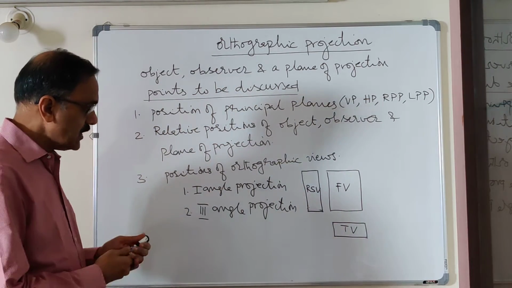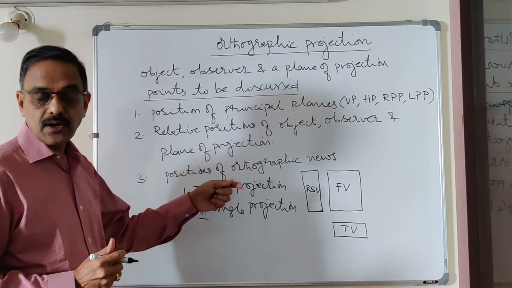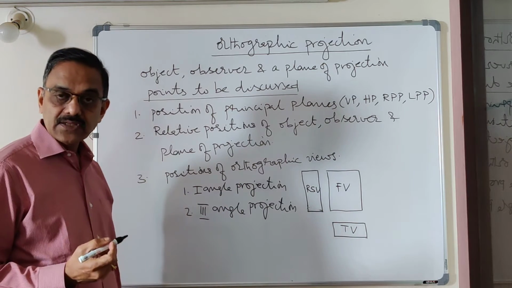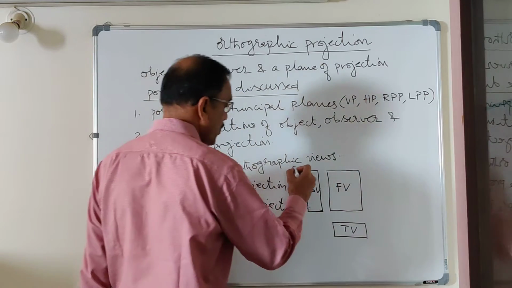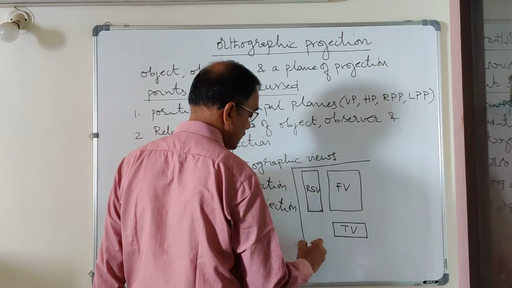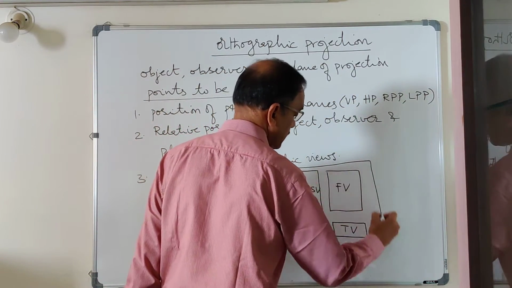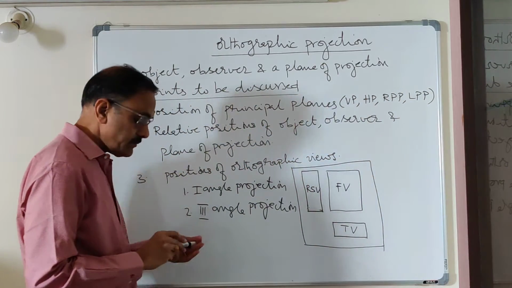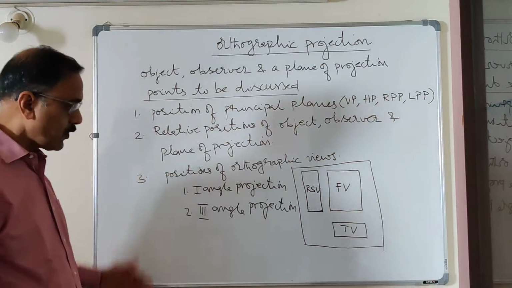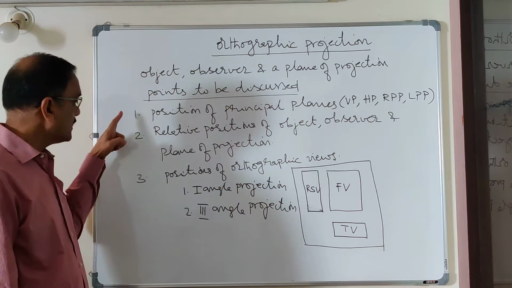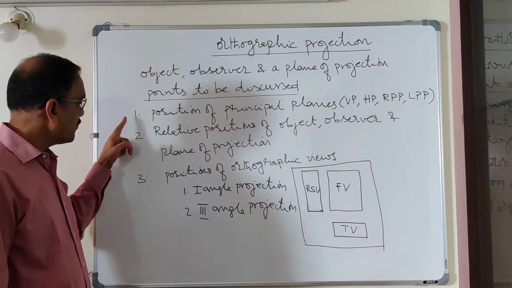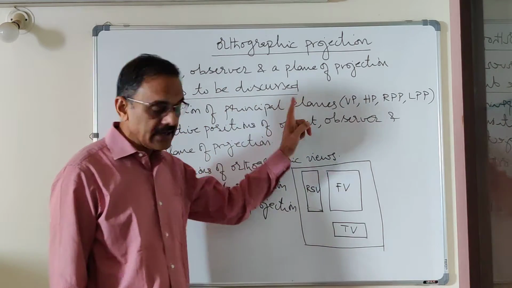You have just now seen how the orthographic projections are obtained on three different planes for three different positions of the observer. I'll keep it in a box here. Now let me come to these points. Let me take up first angle projection and the first point: position of principal planes.